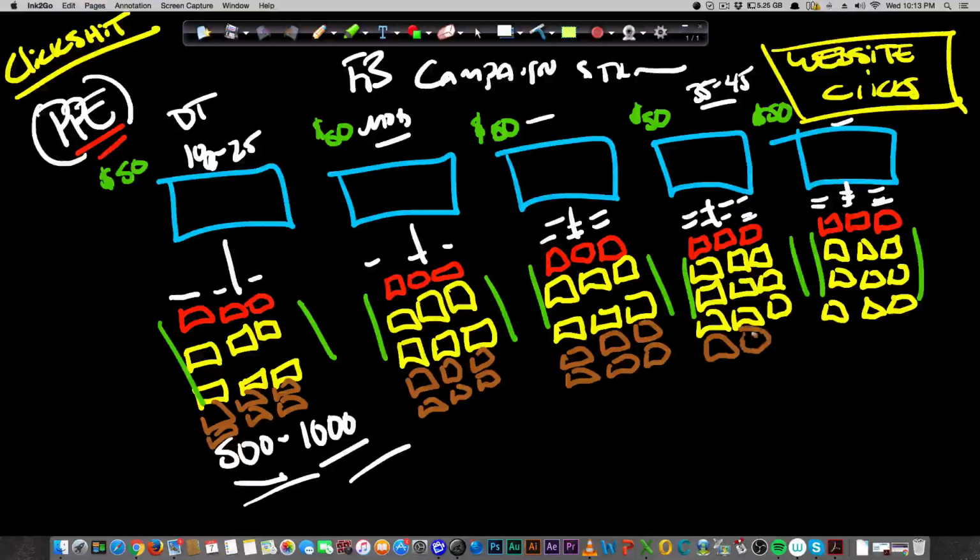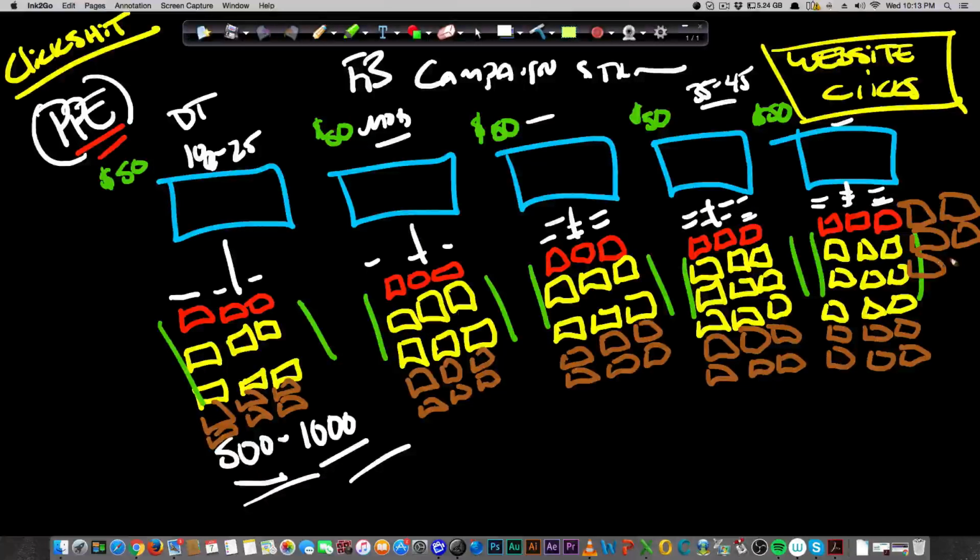So they knew what they were talking about. Now, when you have a client with bigger ad spend, you're going to want to duplicate this 5 times, and I'm only going to do this on one ad set, and you're going to want to put 5 ads in each ad set, right?